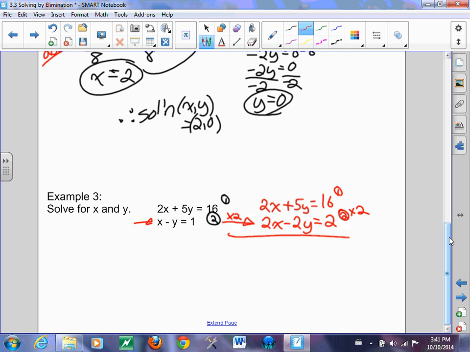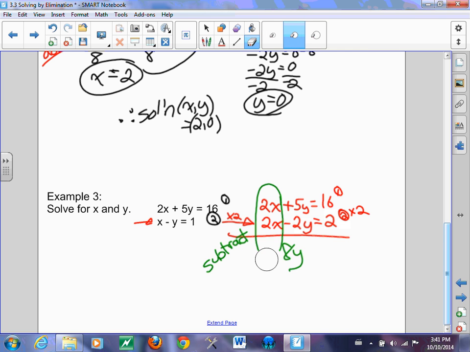Okay, so now, ladies and gentlemen, I've got my x's the same, so I'm going to focus on eliminating those. And since the signs are the same, what am I going to do this time? I'm actually going to subtract. Make sure you write the entire word down, not a negative sign, because people might interpret that. For example, say you go to subtract this and you got a negative out here, and you go something like 8y, then you're going to think it's negative 8y, but it's not. So always write the word down.